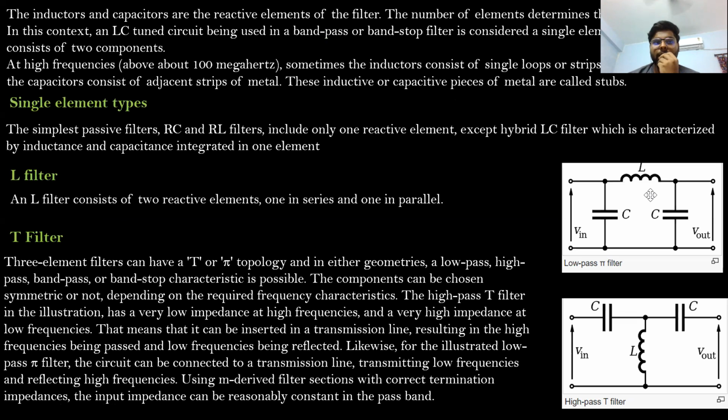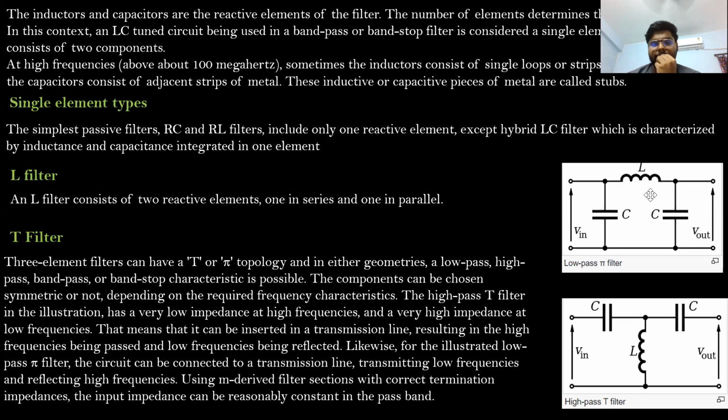In this context, an LC tuned circuit being used in a bandpass or bandstop filter is considered a single element even though it consists of two components. At high frequencies, sometimes the inductor consists of single loops or strips of sheet metal, and the capacitor consists of adjacent strips of metal. These inductive or capacitive pieces of metal are called stubs.